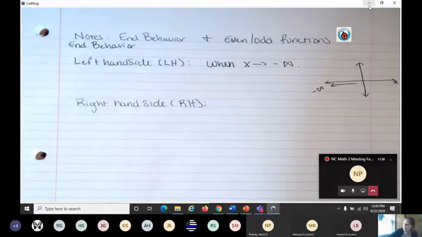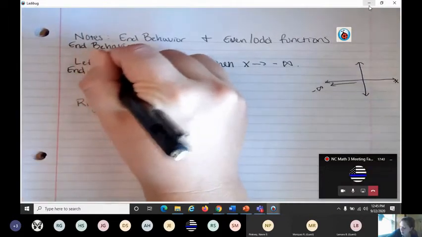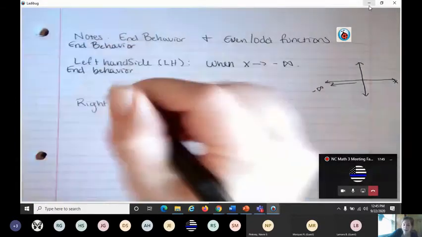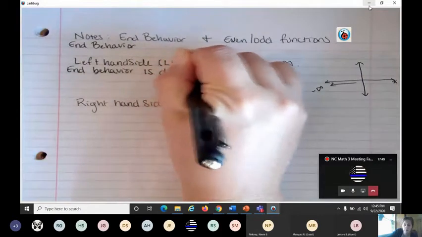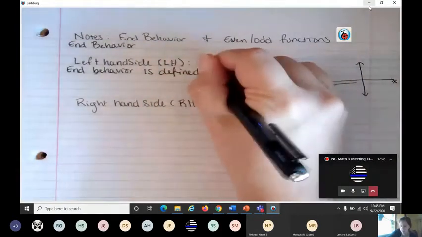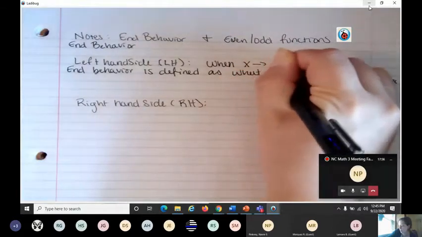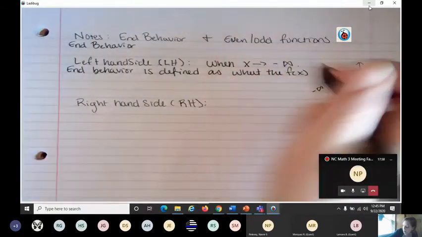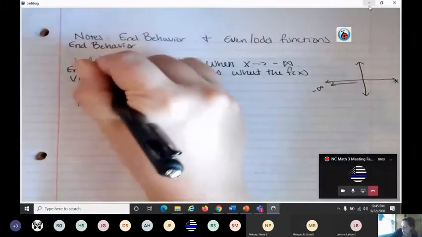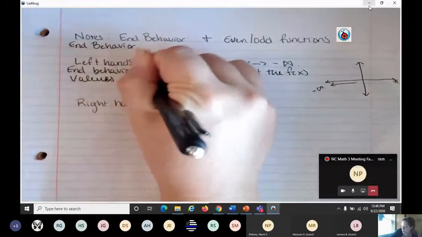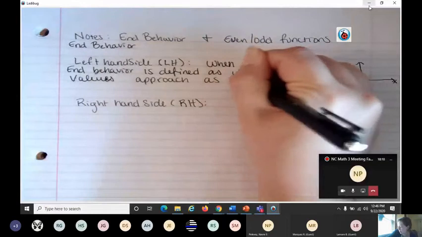Okay, and the end behavior is going to be defined as what the f of x values approach as those x's approach negative infinity.